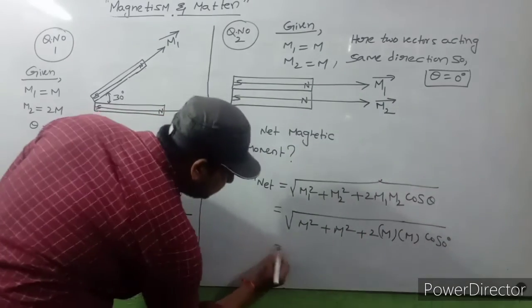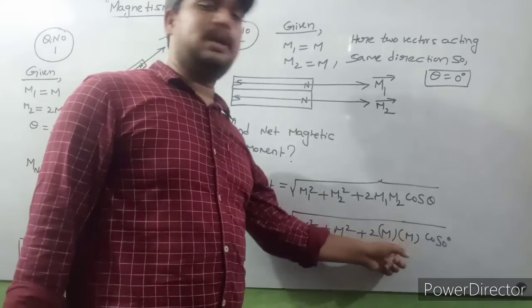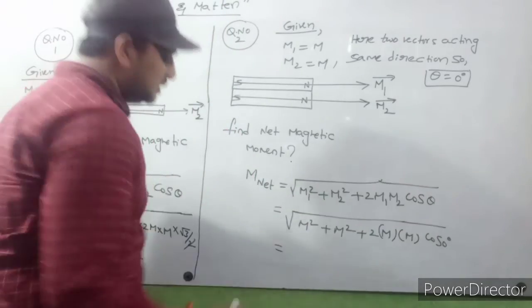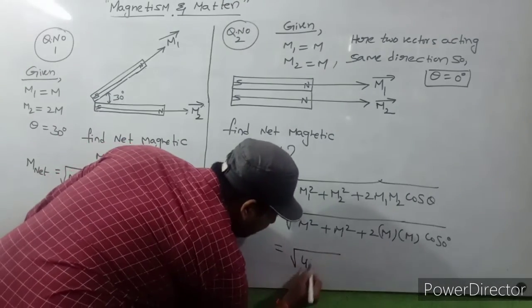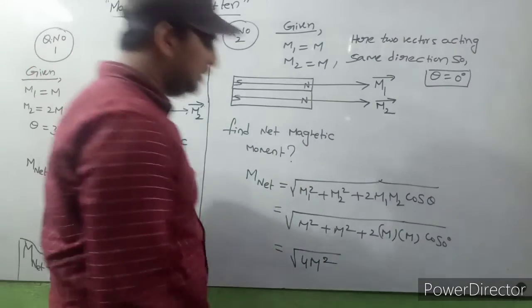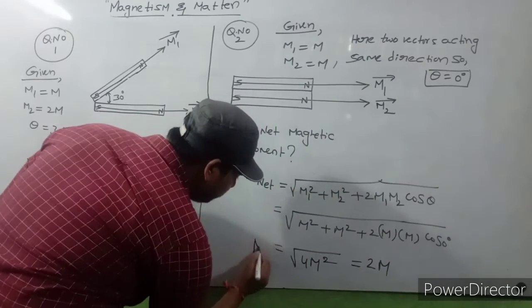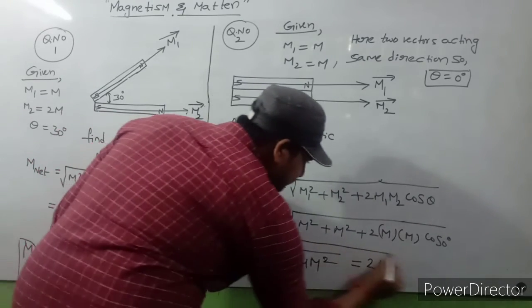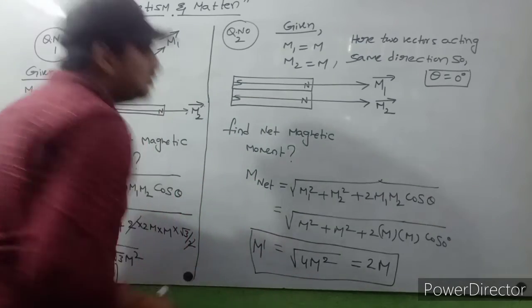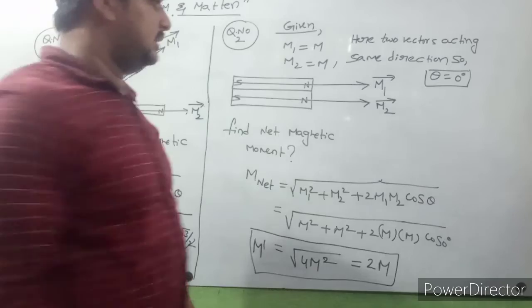So we get m square plus m square plus 2m square, 4m square, because cos 0 value is 1. Square root of 4m square is 2m. So m net is equal to 2m. So this is the actual procedure. But how can we solve this question easily? Simple thing.